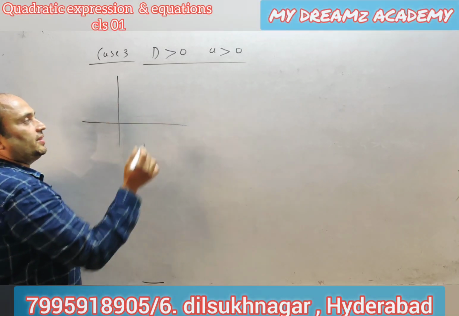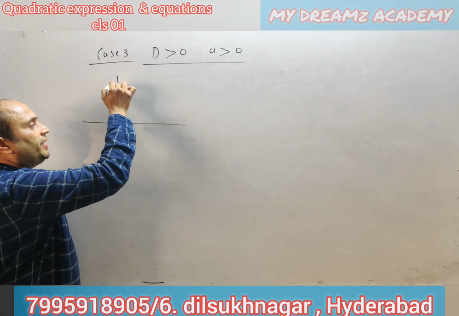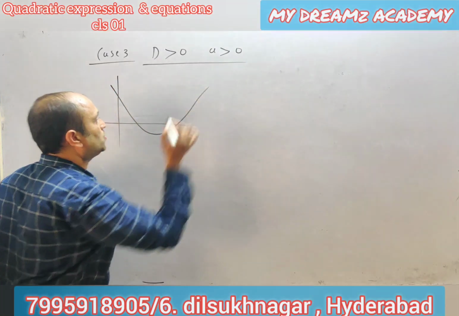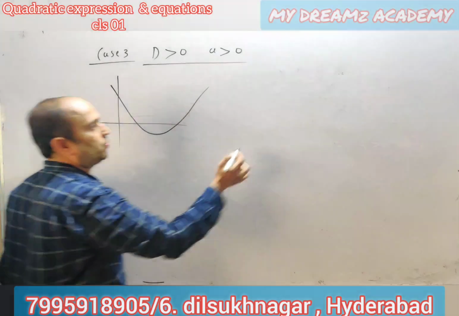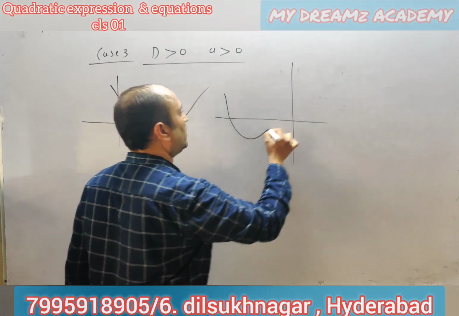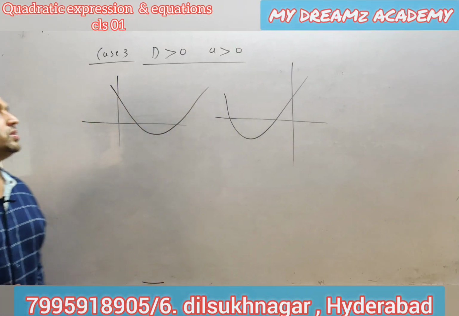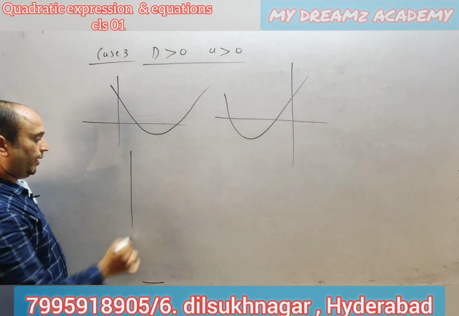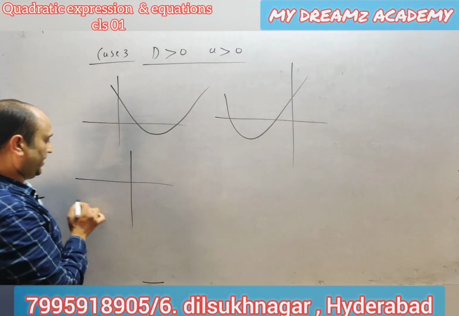So first take the y-intercept positive case. This is the y-intercept positive case with the discriminant greater than 0. Next take the y-intercept negative case.